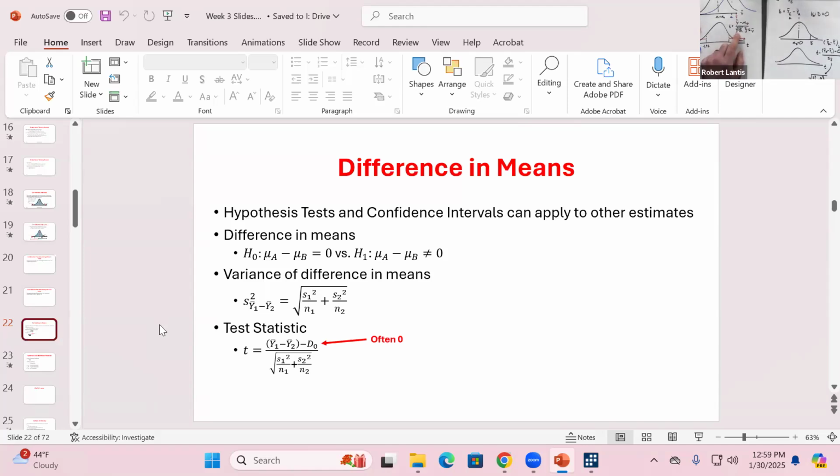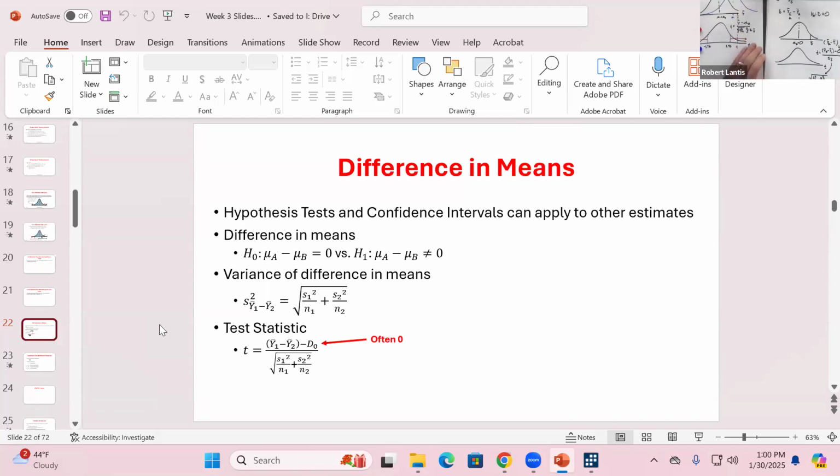So this incorporates the variation that exists in econ majors and in anthropology majors. It's the same setup though: sample statistic, subtract the assumed true value of the population statistic, which here is easy because it's 0, and divide by the standard deviation of that sample statistic. Here our standard deviation is a little more complicated because we have to add in the variance for each group.